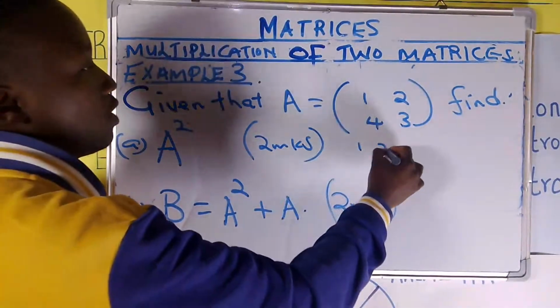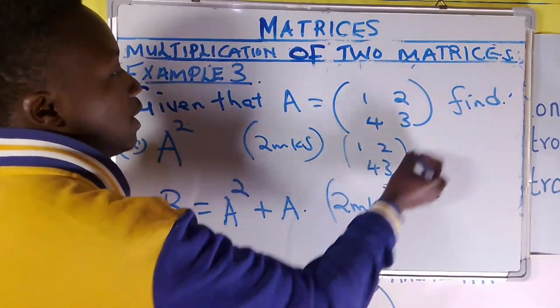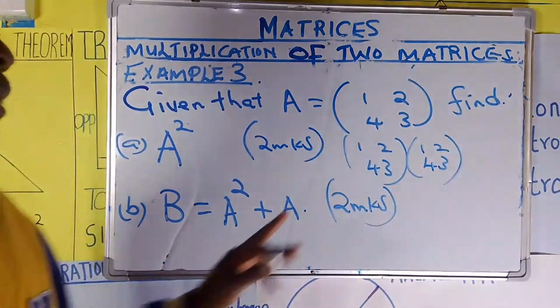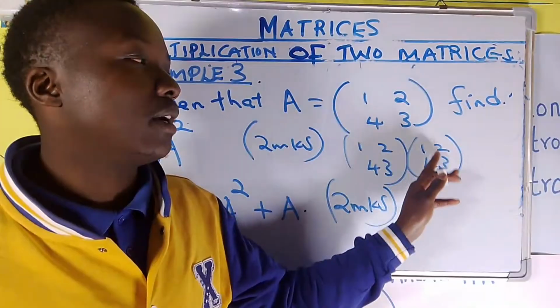So it will be 1, 2, 4, 3 multiplied by 1, 2, 4, 3.